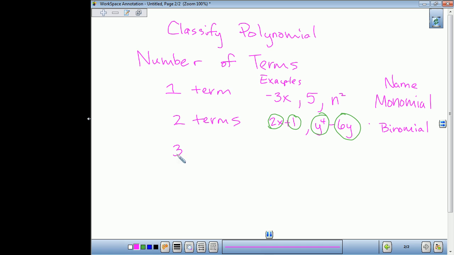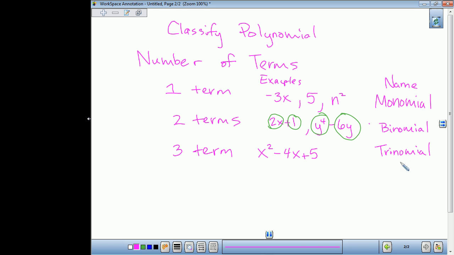Let's do one of those 3-termed ones. There's going to be 2 signs. That's like our quadratics could be a trinomial. X squared minus 4x plus 5. 1, 2, 3 terms. That would be a trinomial.